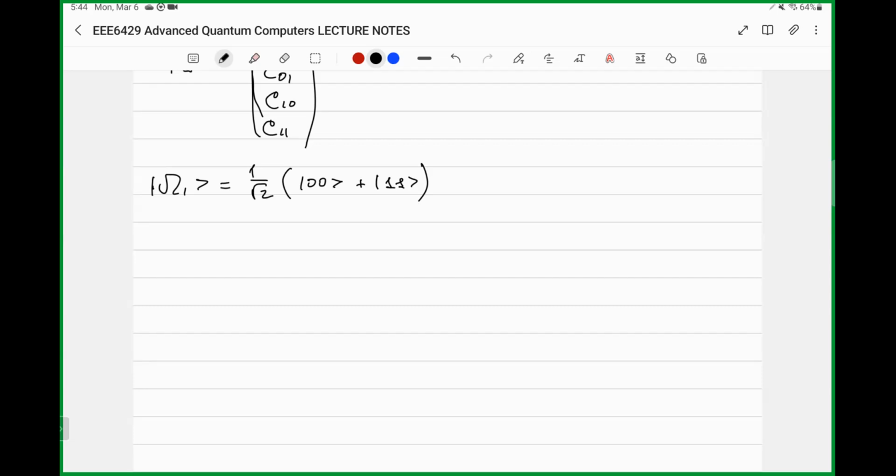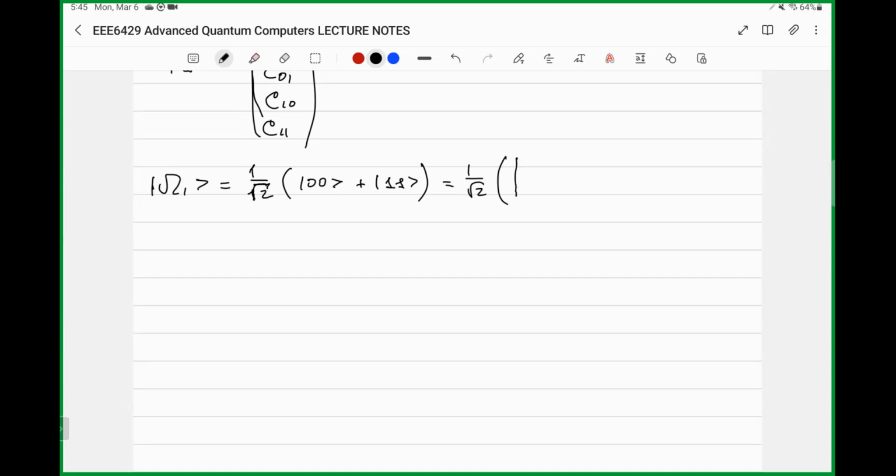You cannot represent the state as a product of 2 single-qubit states, right? And we can basically rewrite this result in vector or matrix form as follows.